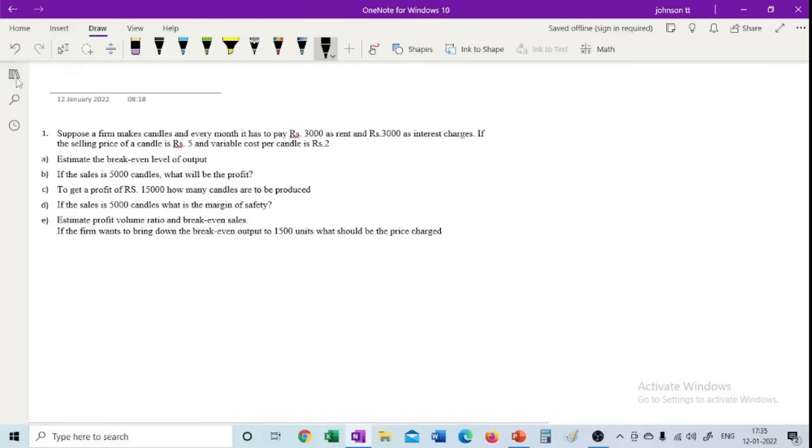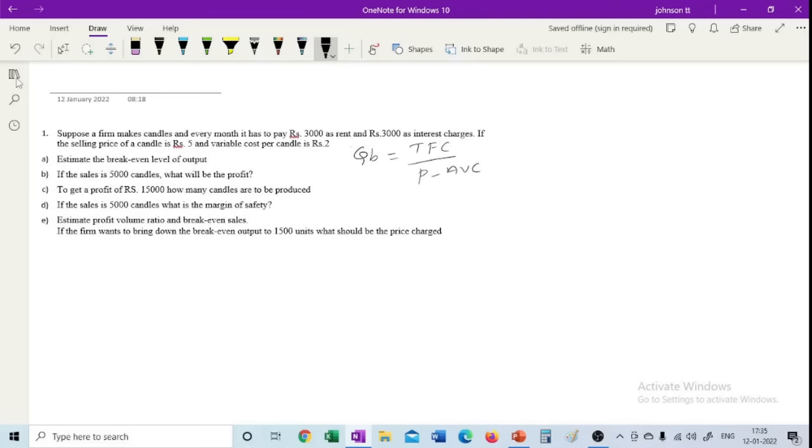Finding the break-even level of output, we know that QB, that is the break-even level of output, is equal to TFC divided by P minus AVC. So what is TFC?